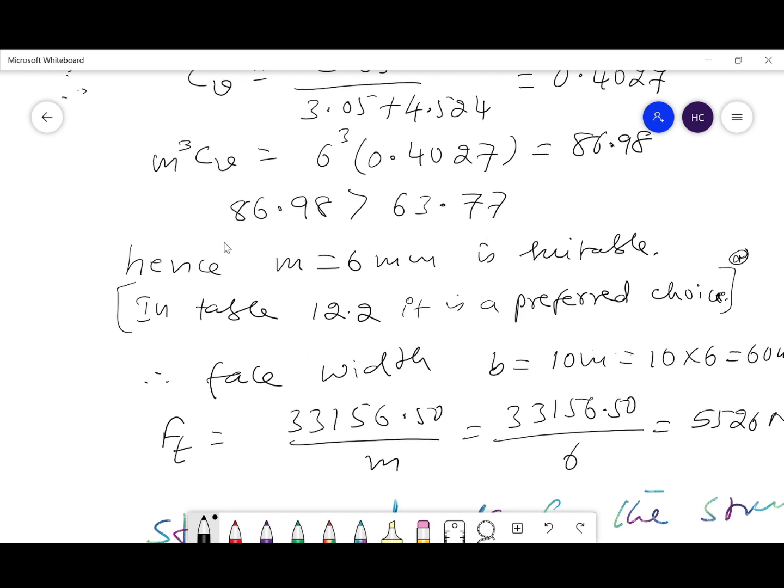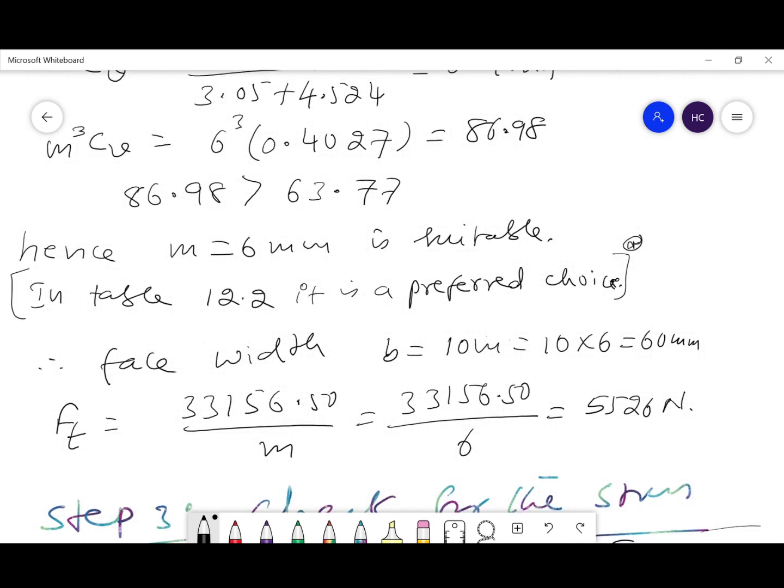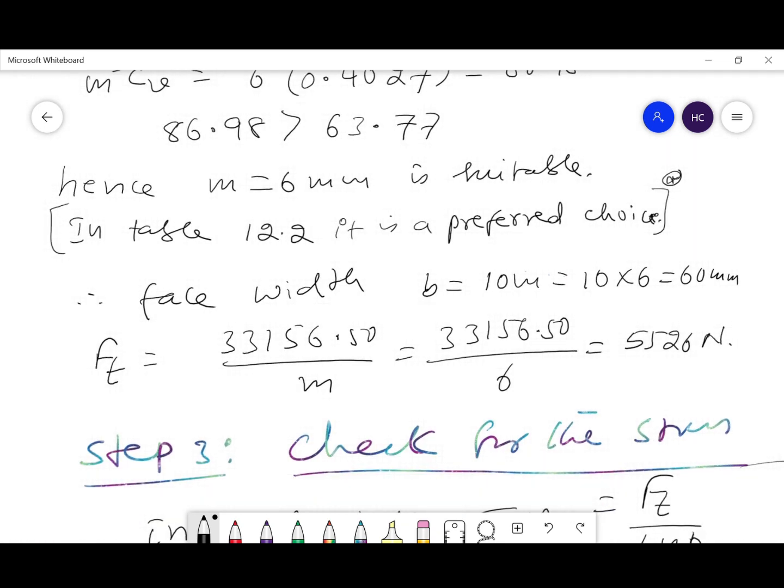It's better, because we are doing practice, to use the first choice, that is, 6 mm is the preferred choice. Some students may use, in the examinations, 5.5 mm. That is also suitable actually for giving marks by the examiners. Examiners must give marks for that.